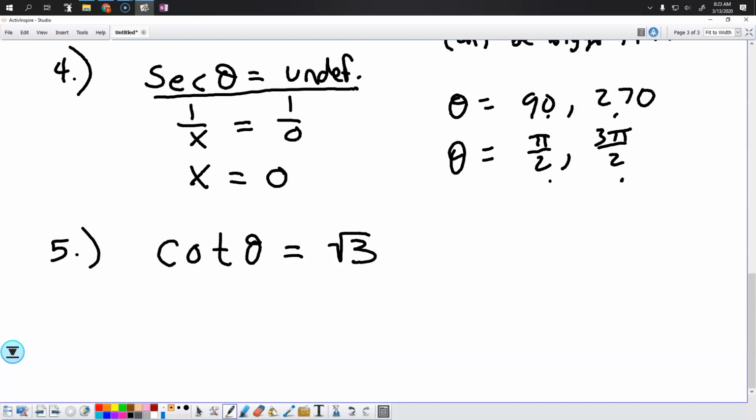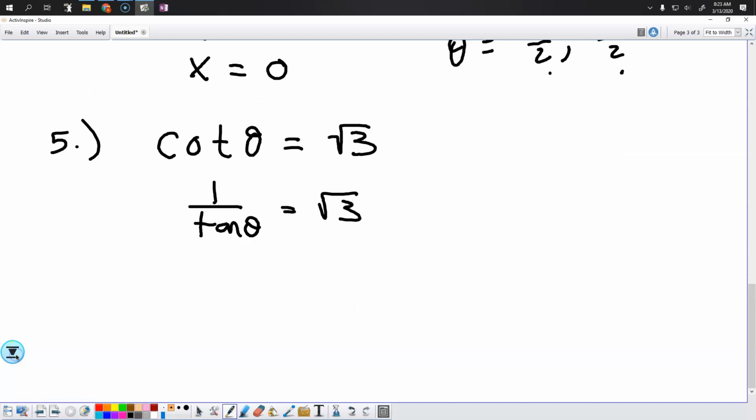Yes. So I'm going to change it, because isn't cotangent the reciprocal of tangent? Yeah. So I'm going to change this into the reciprocal of tangent, right? So just replace that. Since cotangent is the reciprocal of tangent, we write that.